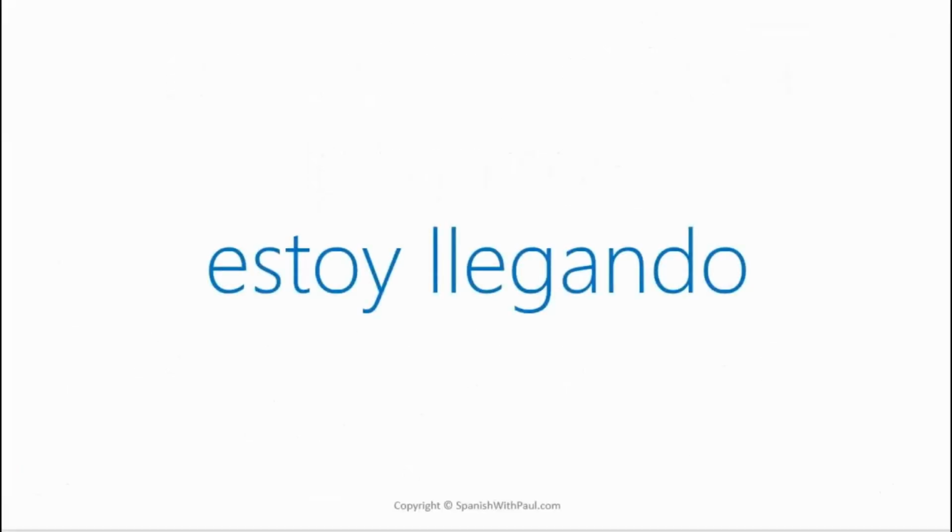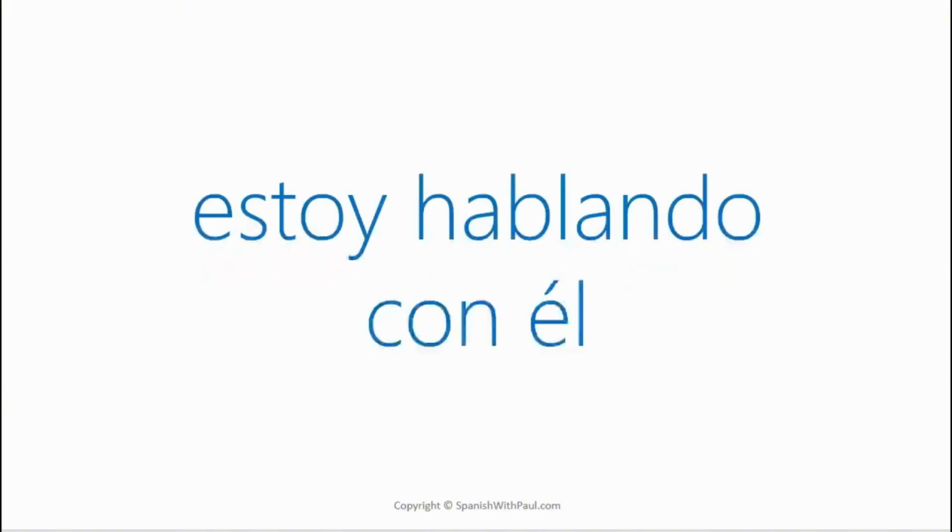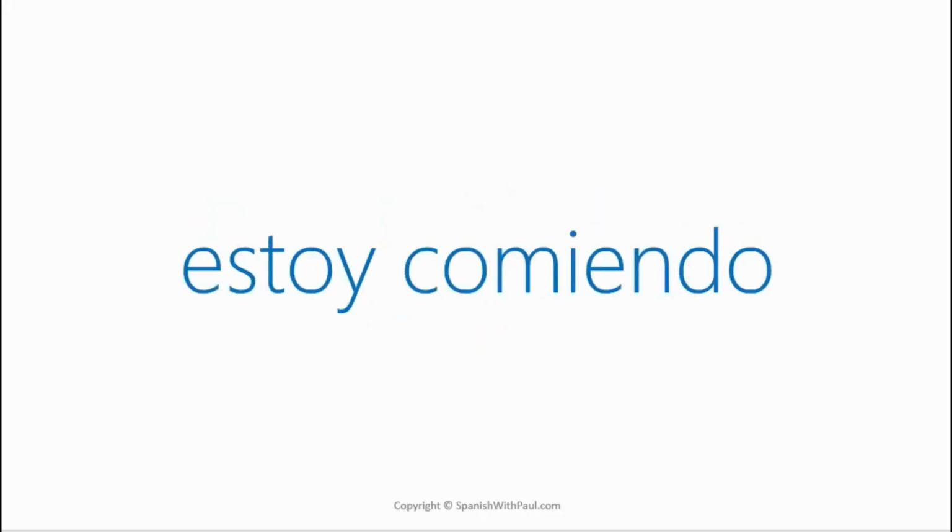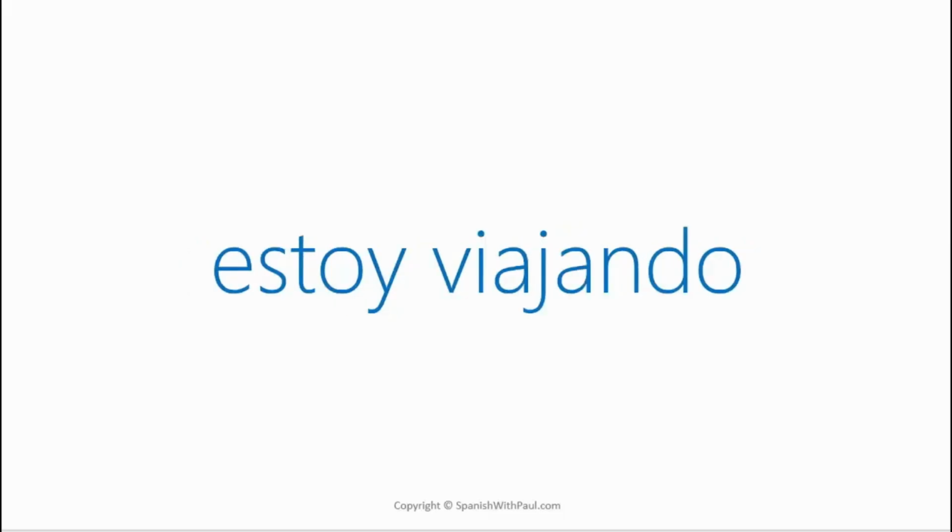If we look at these example slides, we have estoy llegando. So this means I am literally right now arriving. This is happening. Or estoy hablando con él. That means that right now I'm speaking with him. Estoy comiendo carries the meaning of I'm sitting down at the table right now eating. But it doesn't just have to be for things that are happening right now in this moment. It can also be for things that are ongoing. For example, estoy viajando. Now the verb viajar means to travel.